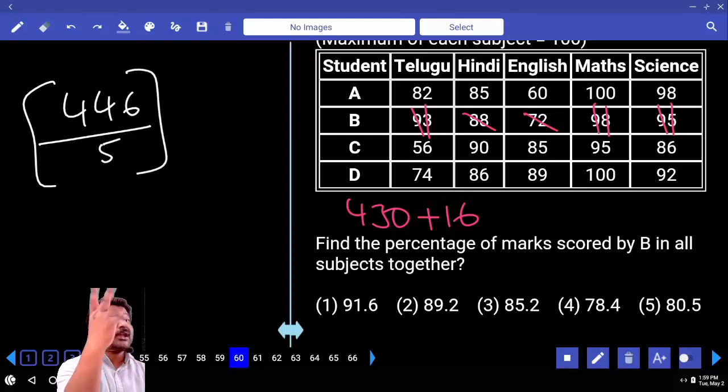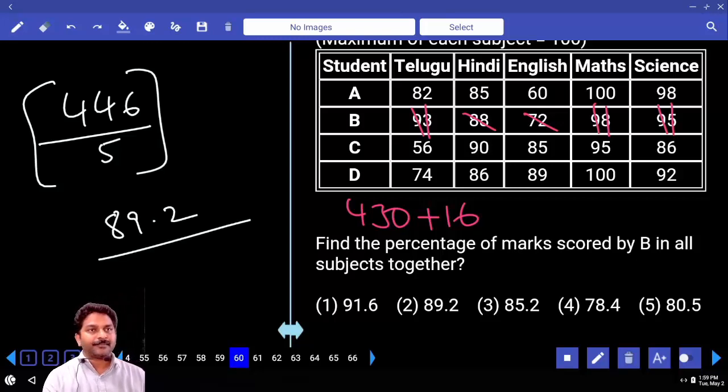By 10 into 2. By 10, how much? 44.6 into 2, 89.2. 5 అంటే 10 by 2 నే కదా, అదే మనం చేసాం. Divide with 10, then multiply it with 2.